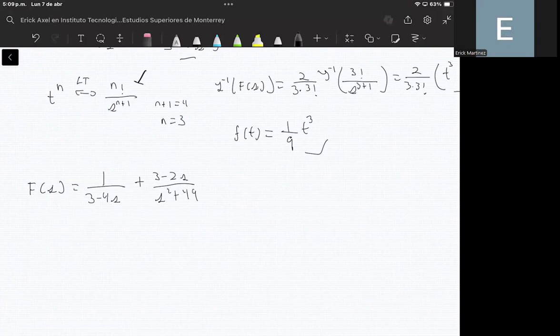Okay, so one of the things that we always need to do is to always expand the function to the best we can. So one way to expand this function is as follows.